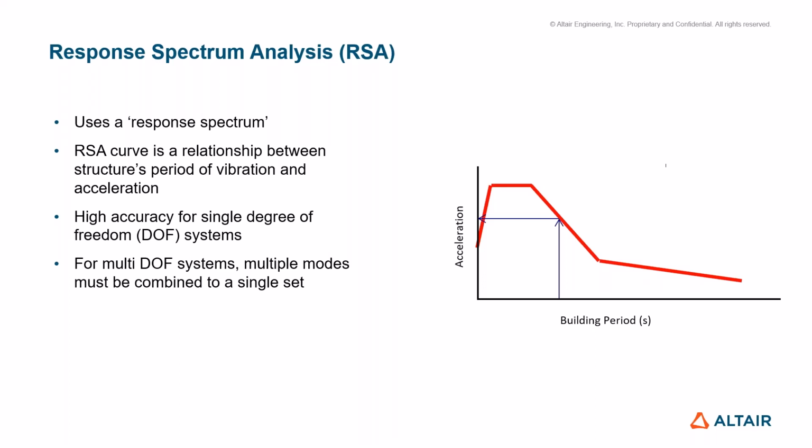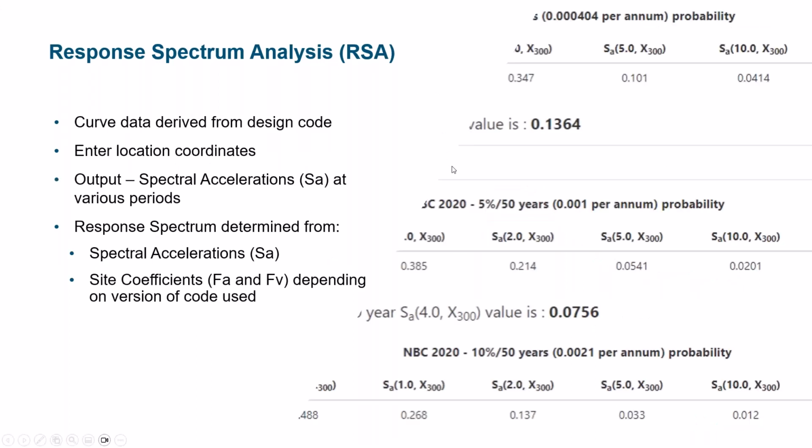So it's harder for the software to determine whether or not a node, or a member, is in compression or tension. If you have tension-only members, that sort of thing won't really jive nicely with this type of approach. That's just a downside of the RSA method. Now, there are some ways around it that we'll talk about more in the training course that I'm going to link at the end.